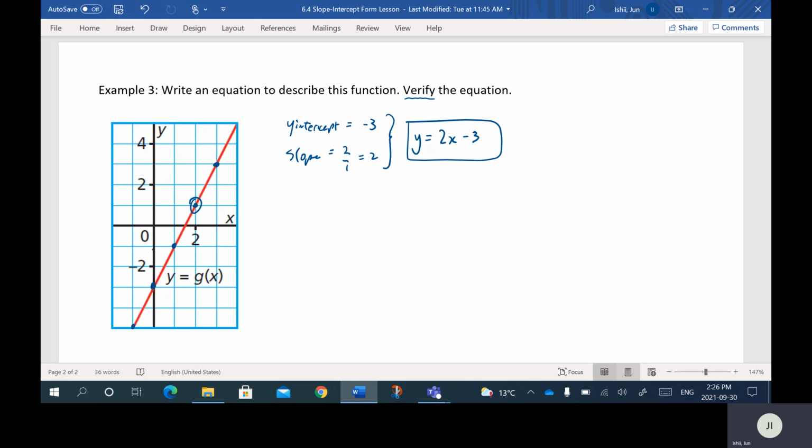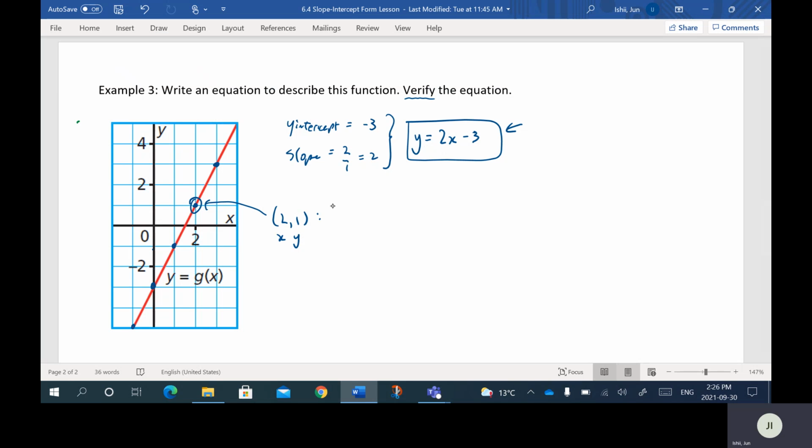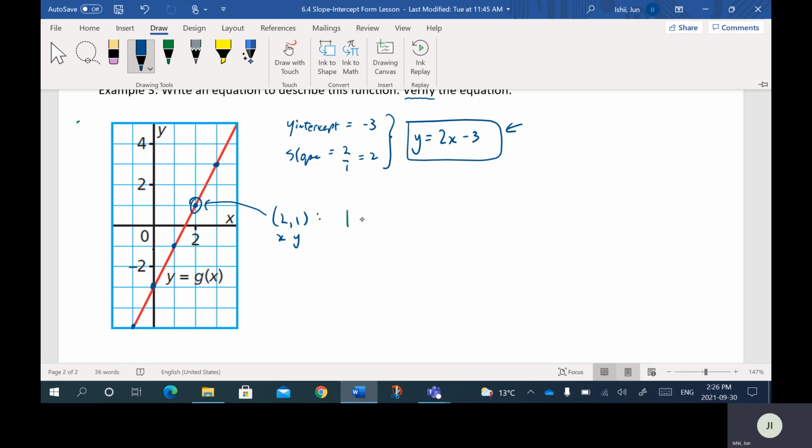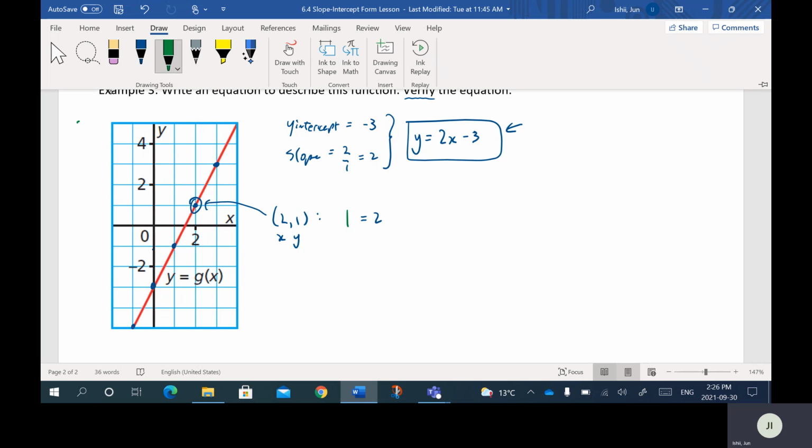This point here, you can see that it's at (2, 1). What I'm going to do is plug that in for x and y into the equation that we found. I'm just going to use a different color here. For y, I'm going to plug in 1, and for x, I'm going to plug in 2.